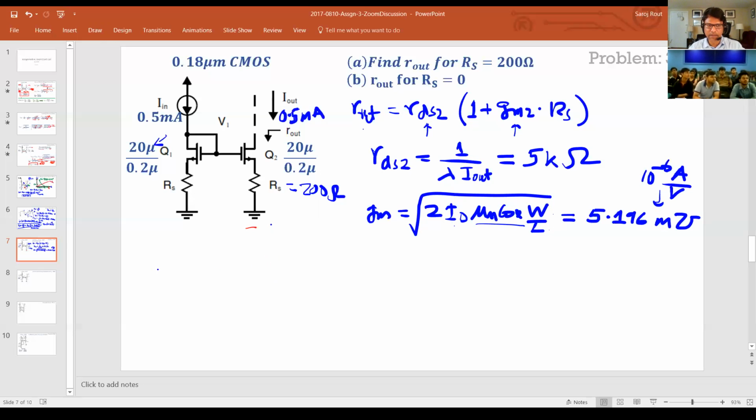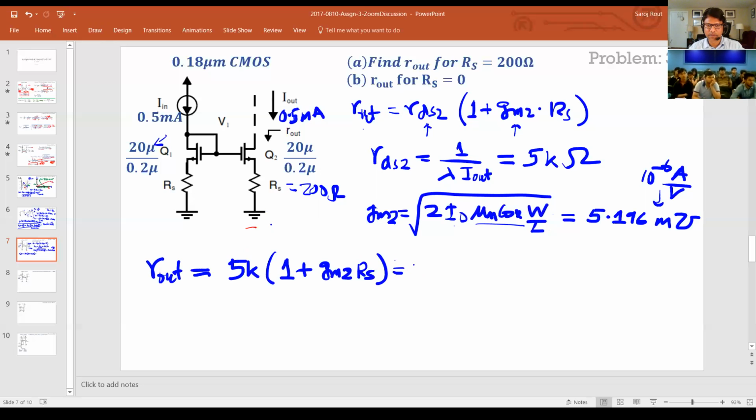Okay, so now I can write the R out, output impedance, and that is RDS2, which is 5 kilo ohms times (1 plus GM2 times RS).